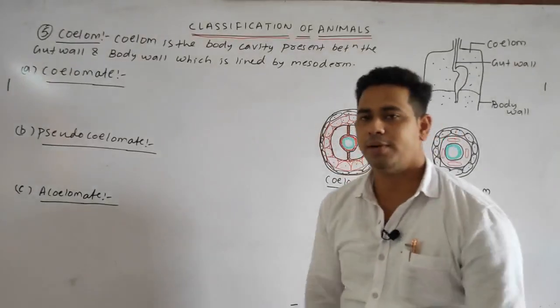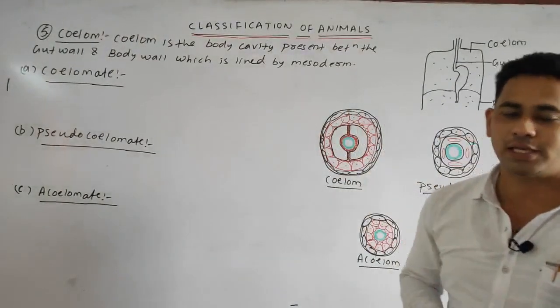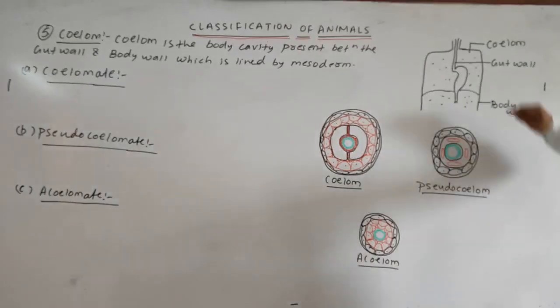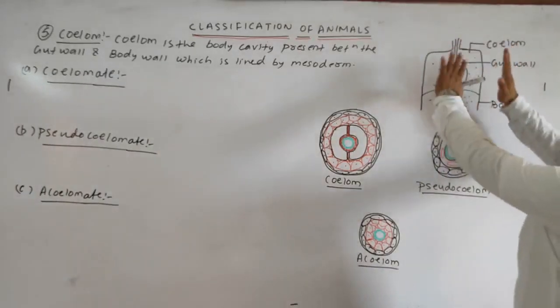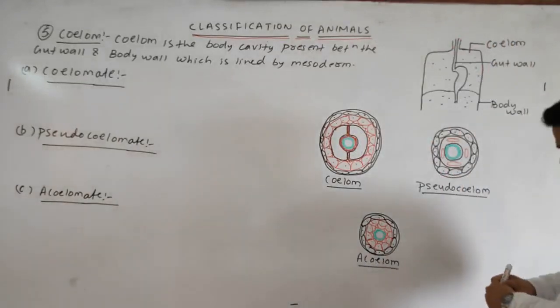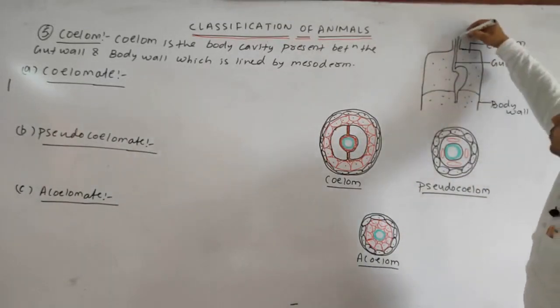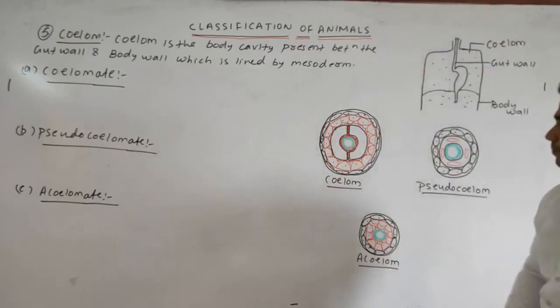Coelom means we can simply say a cavity or space within the body. Suppose this is the outer structure of the organism. Suppose this is the alimentary canal, starting from the mouth and ending with the anus.